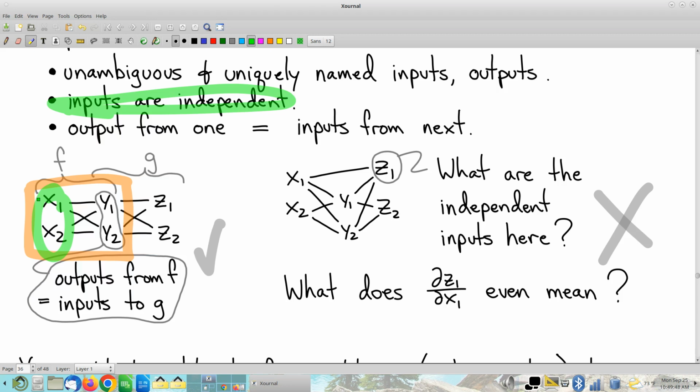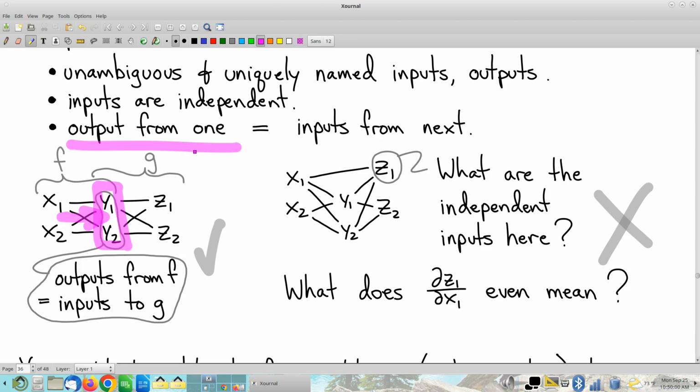Secondly, the outputs from the first function have to be the same as the inputs into the next function. Again, that's what it means to compose two functions: what comes out of one, you put into the next.